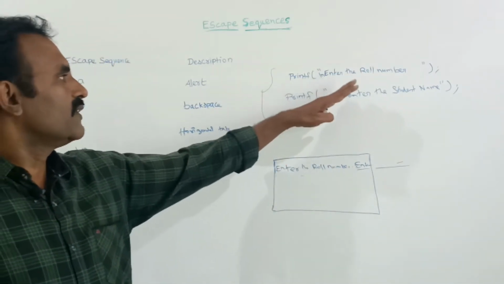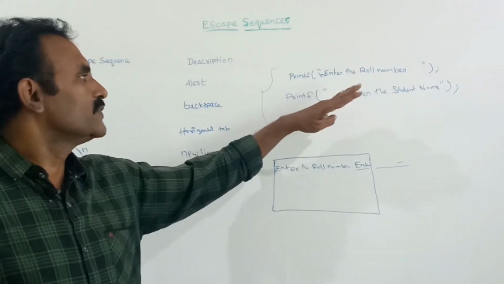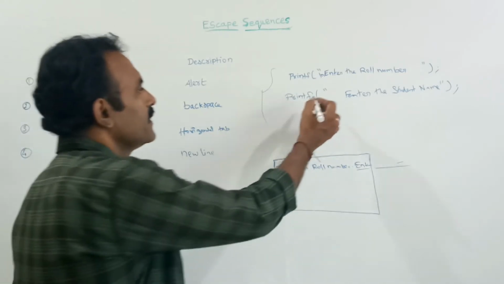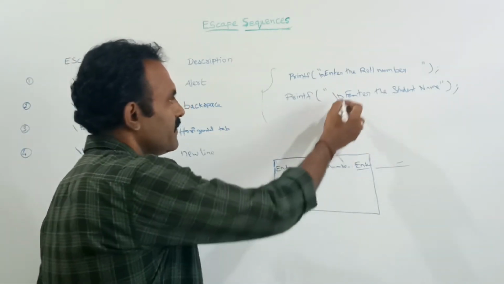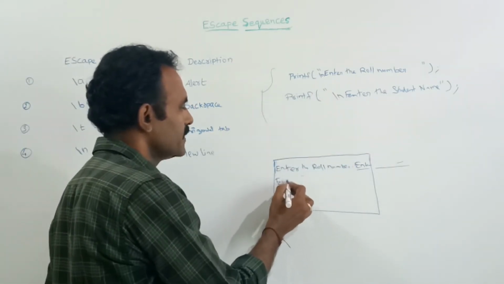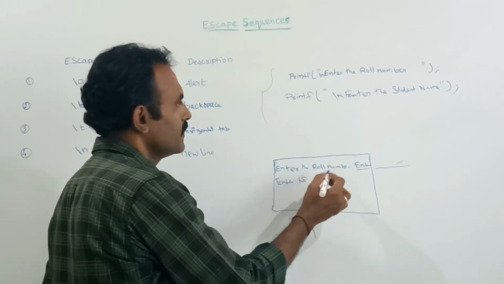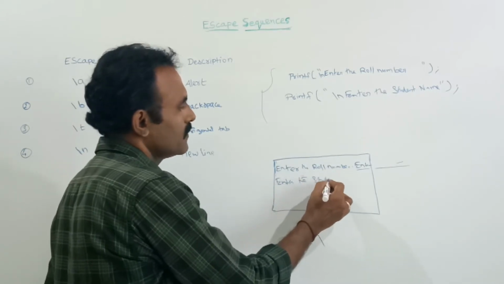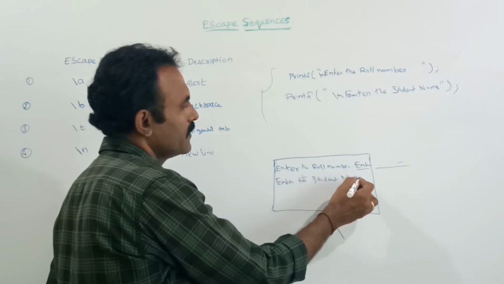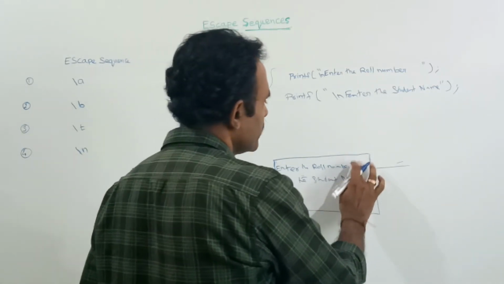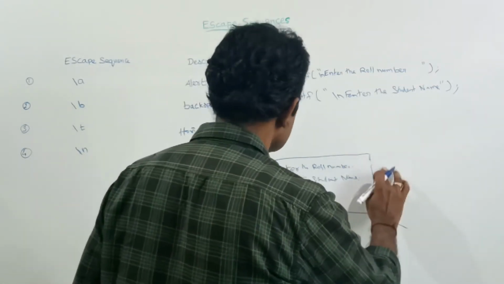So if you want to print line by line, we should use the new line. Here we can use \n. If I am using \n, it will be printed here: enter the student name. So in this way the \n is used.